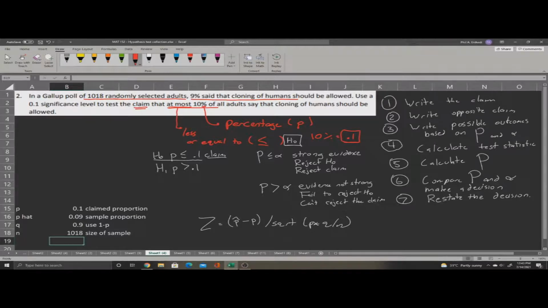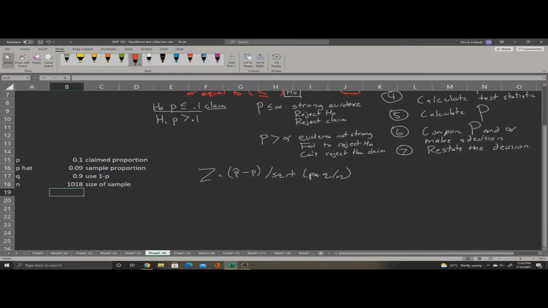Now we'll need to make some more room and calculate our z. For the z, we'll call this the test statistic, and we'll enter equals, parentheses, p hat subtract p. Close the parentheses and divide by square root of p multiply q divide n. This gives us a test statistic of about negative 1.06.